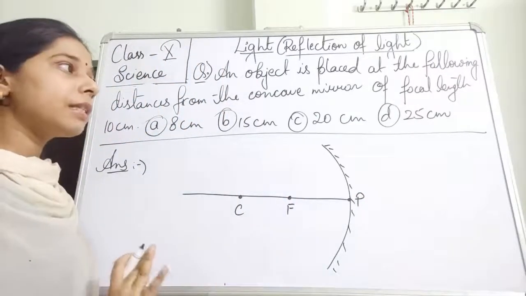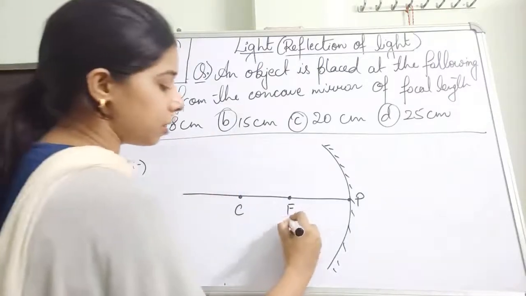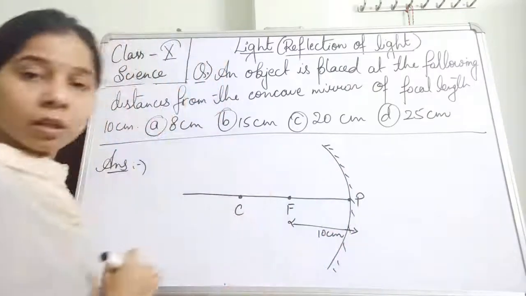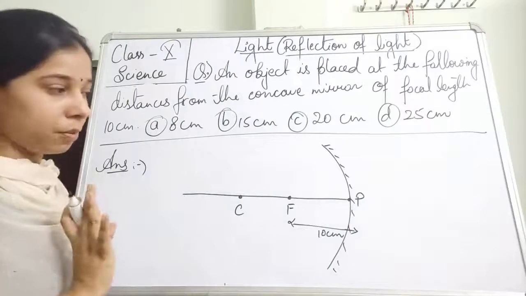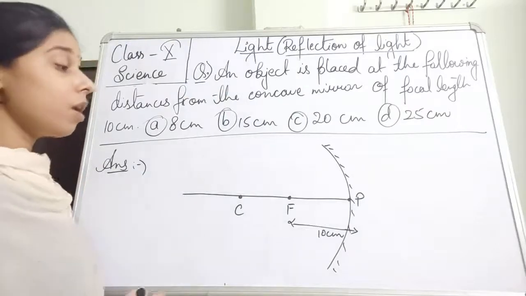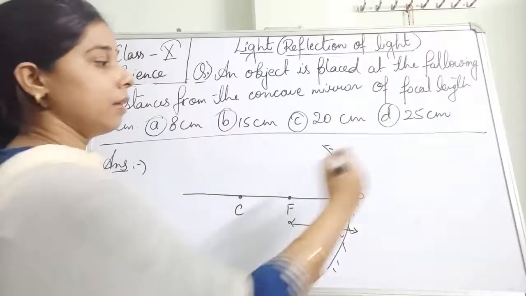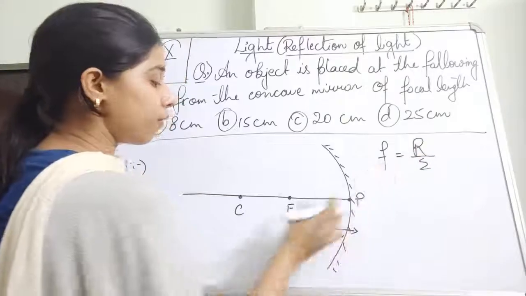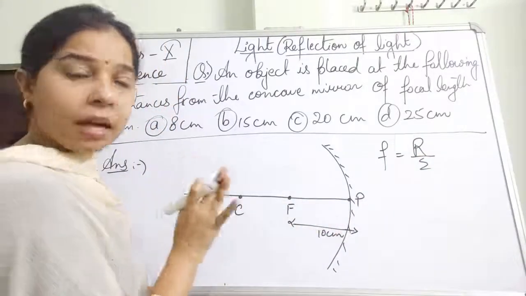So what is the thing which is given? The focal length is given, that is 10 centimeter. So the distance from the focus to the pole is 10 centimeter, students. I told you many times that if the focal length is given, then it will be quite easy to find the radius of curvature, which is the distance from the pole to the center of curvature.